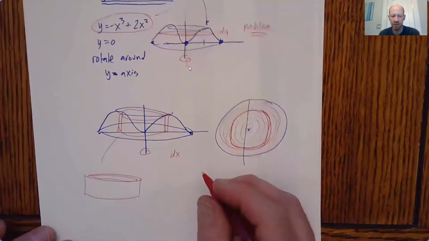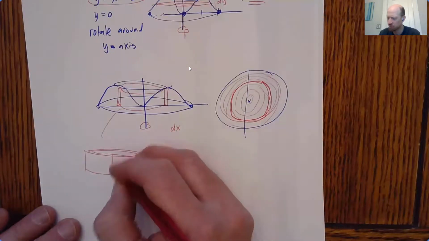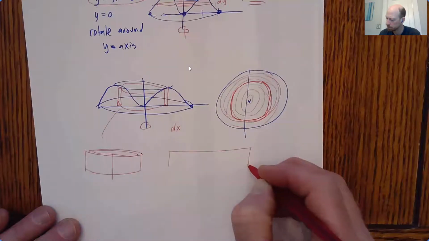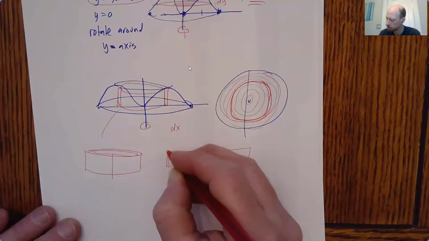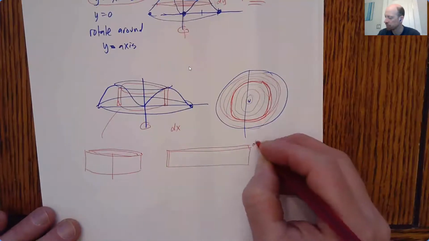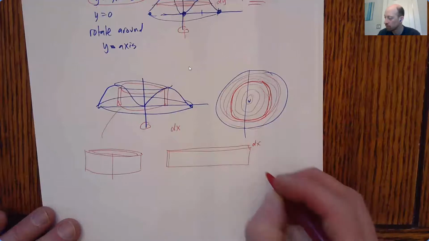The way to see this is, if you just cut it and rolled it out, you get pretty close to a big slab. Call this thickness dx.